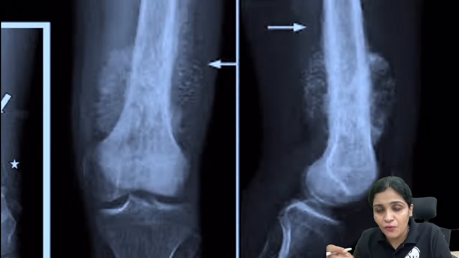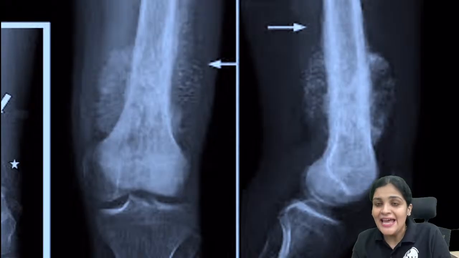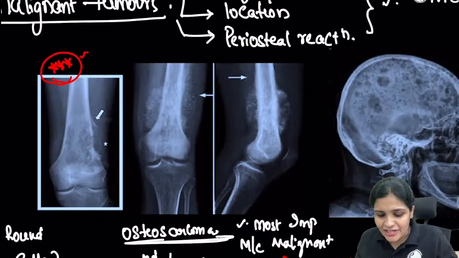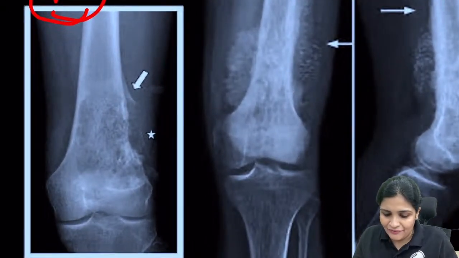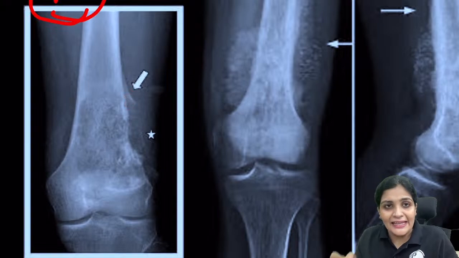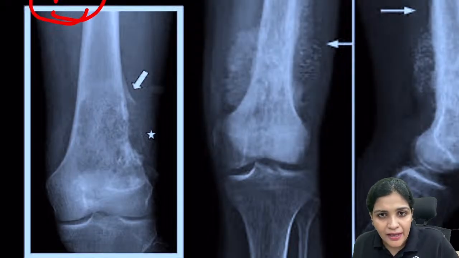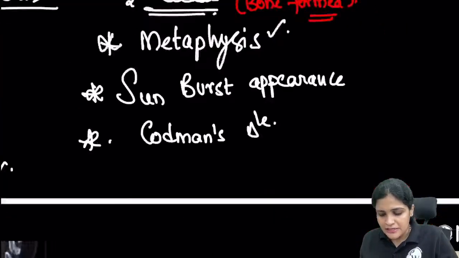Whenever bone is formed along these lines, it appears as the sunburst appearance. Is that clear? And because of the tumor there will be elevation of the periosteum at one level, and this elevation appears as a triangle, which is called the Codman's triangle. Okay, understood?